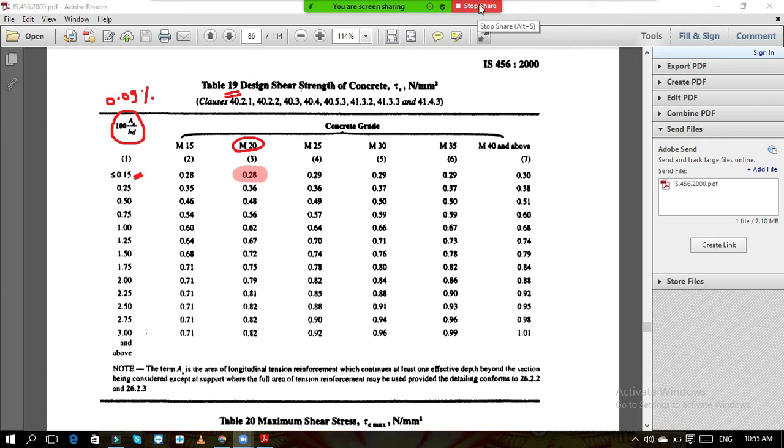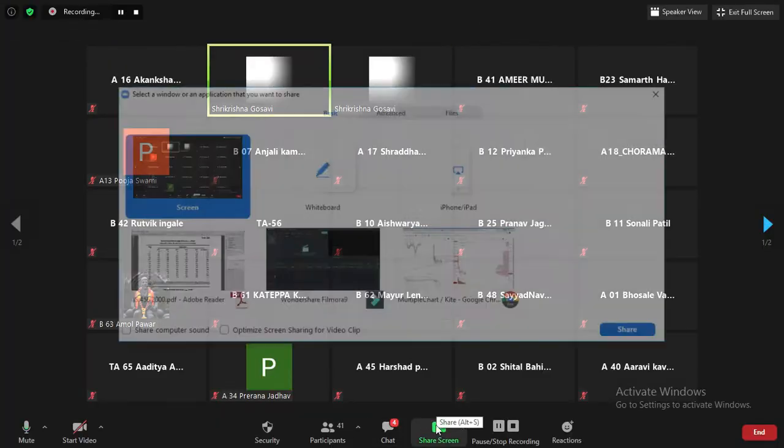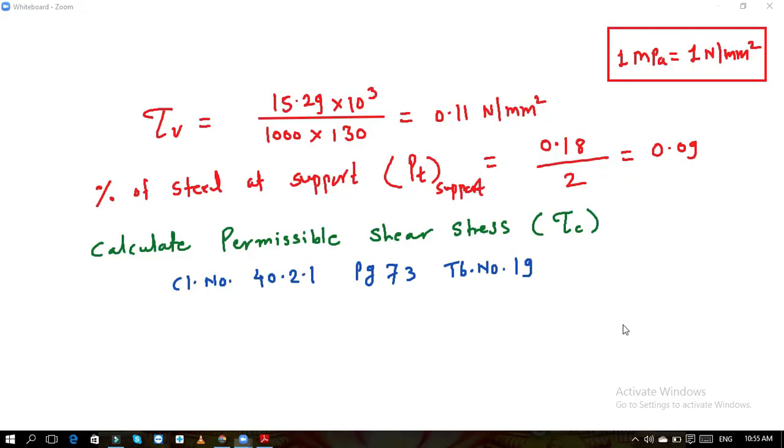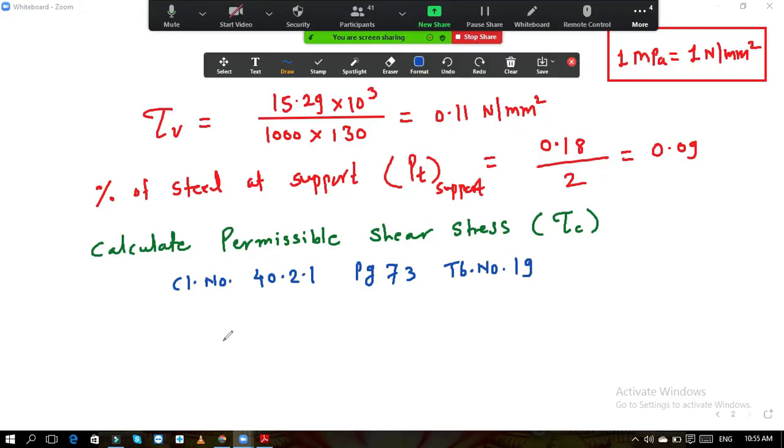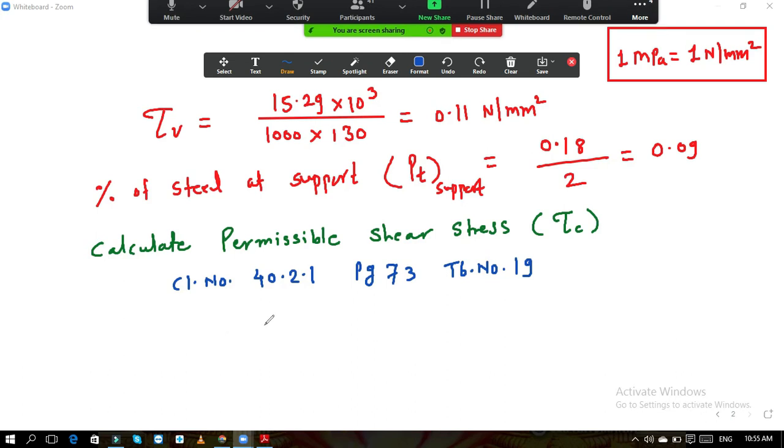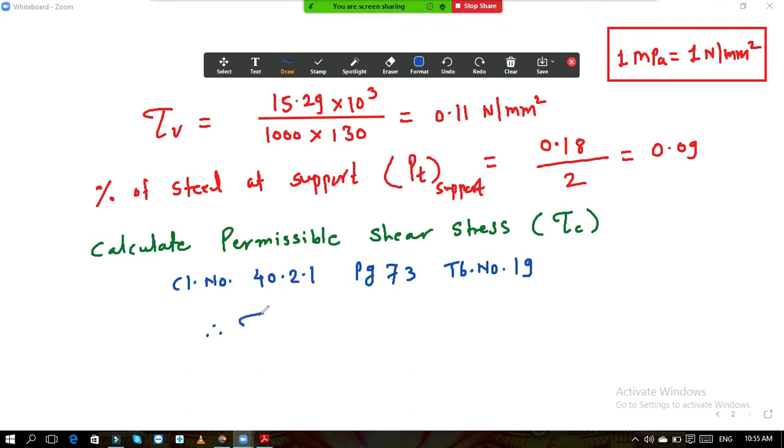Now we will move to the whiteboard again. Therefore, tau C is equal to 0.28 megapascal, that is Newton per mm square. Our permissible stress by the IS code is 0.28. According to the IS code, this much stress can be allowed in the slab.